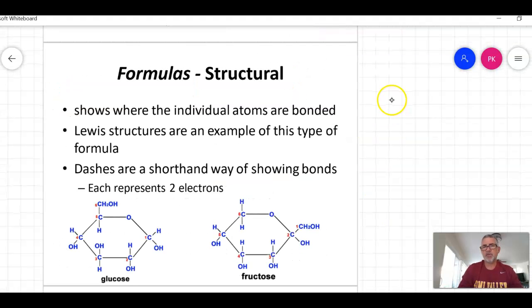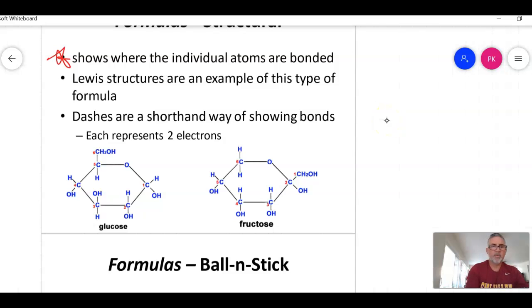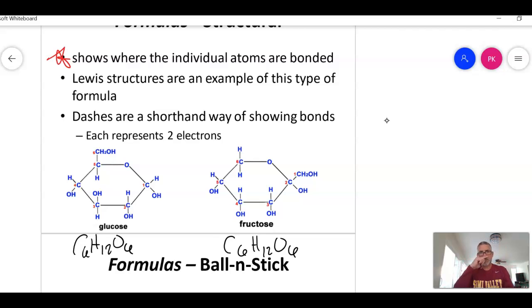I can have structural formulas. This one shows where individual atoms are bonded. So now if I have structural formulas, remember that glucose was C6H12O6, and so is fructose. But when you look at them, there are differences. I've got differences right here, and I've got differences right here.